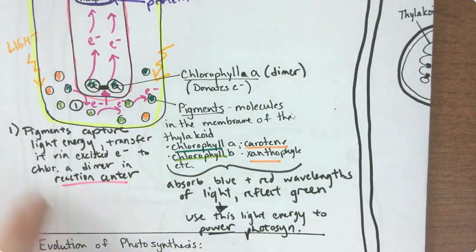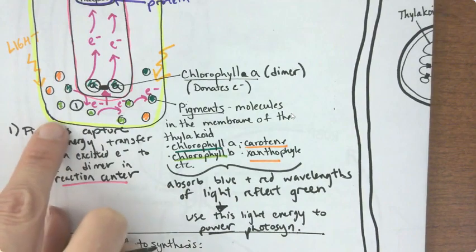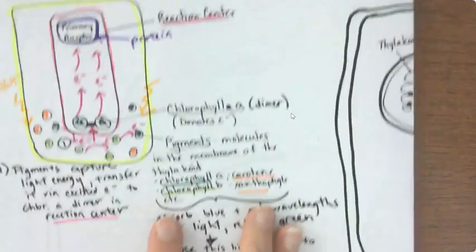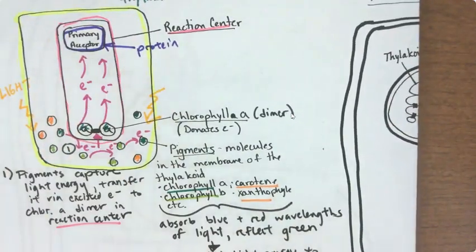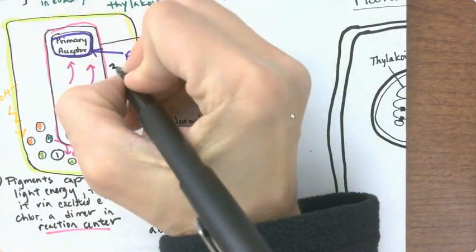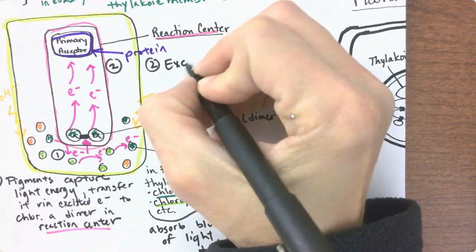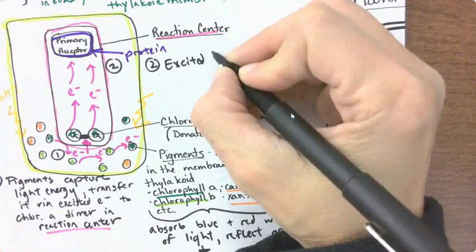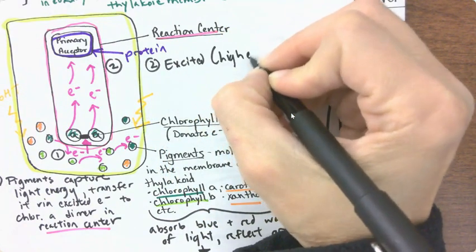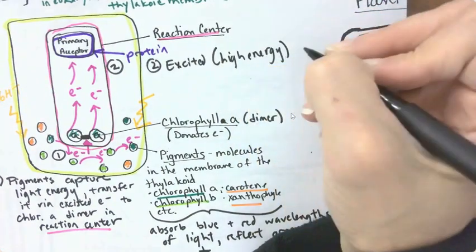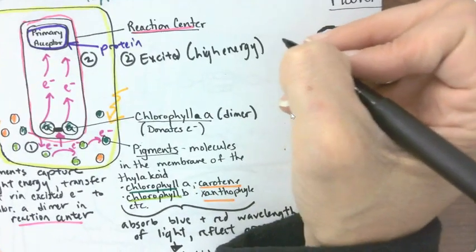Okay. So like I said, the pigments are absorbing the light energy. We're using it to excite these electrons, which are captured by this primary acceptor protein. And let's write that step in here just so we don't forget it. When I say excited, I mean high energy, which should be like a ding, ding, ding. We talked about high energy electrons in respiration too.